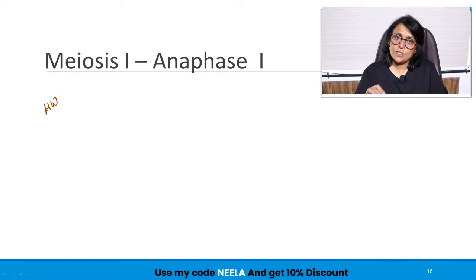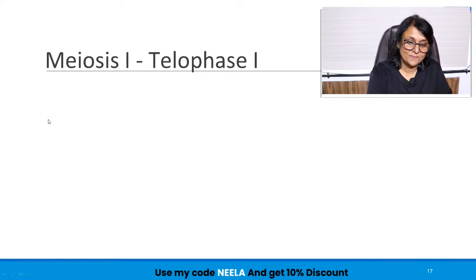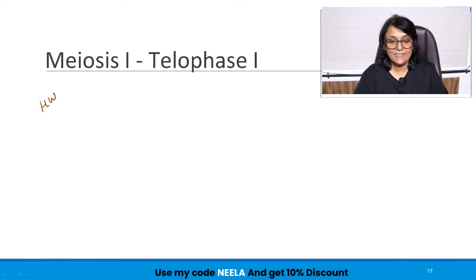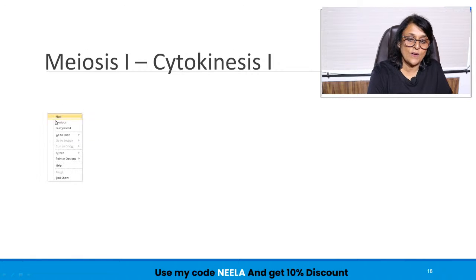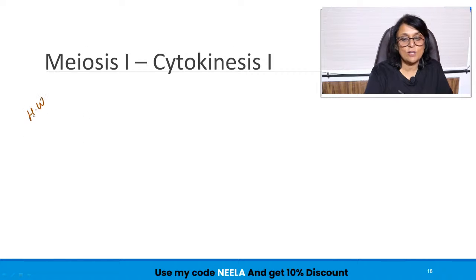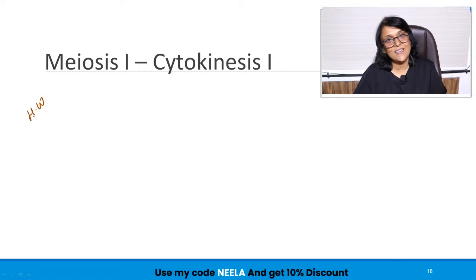And now just try to think what is going to happen in Anaphase I and Telophase I. This will help me also understand whether you have understood this complete process or not. And if you are able to do this, you can also write what happens in cytokinesis.